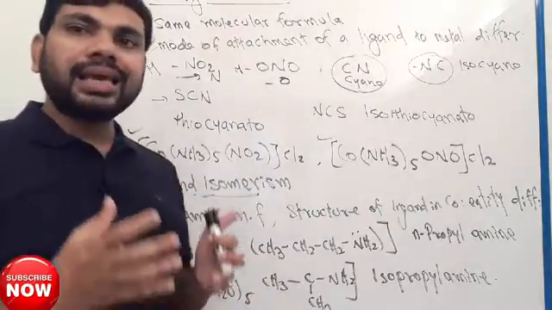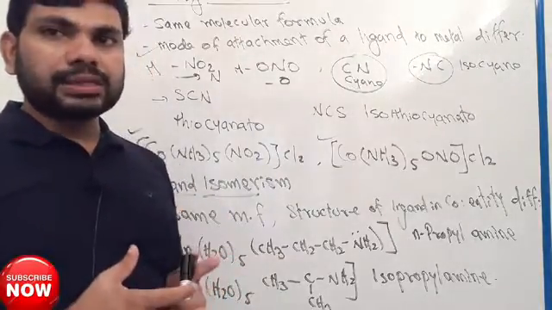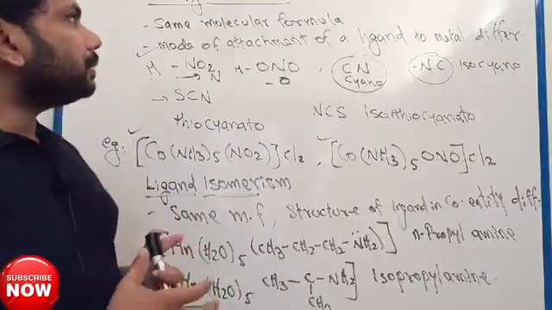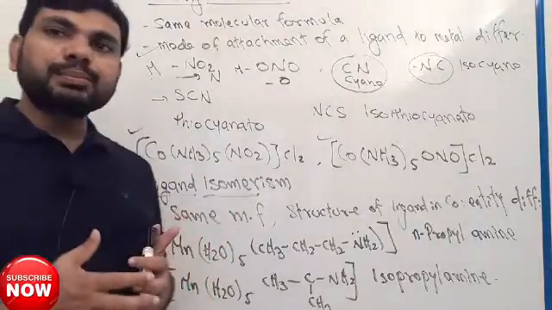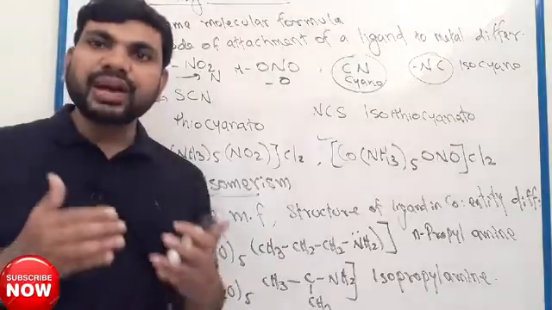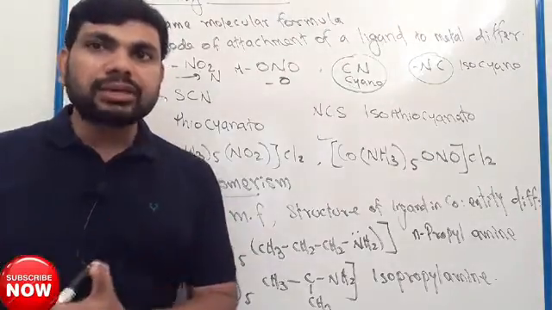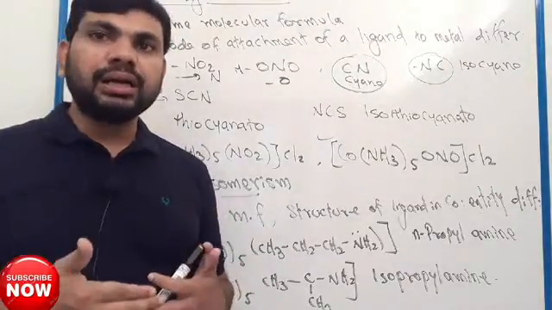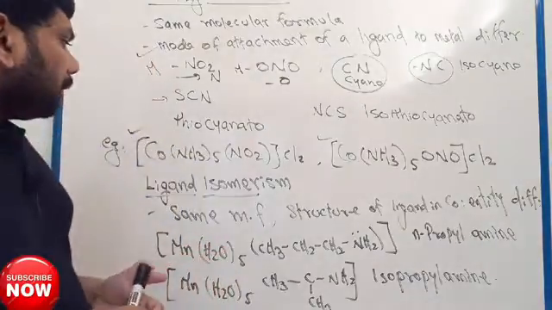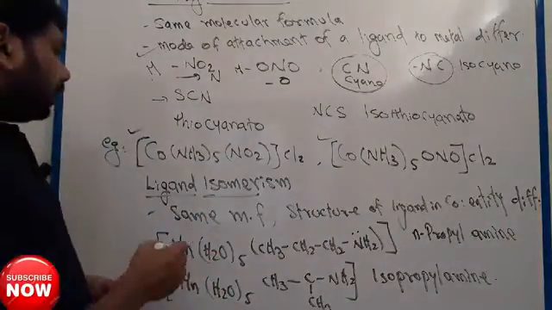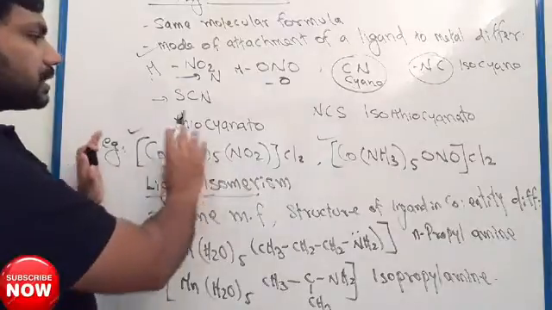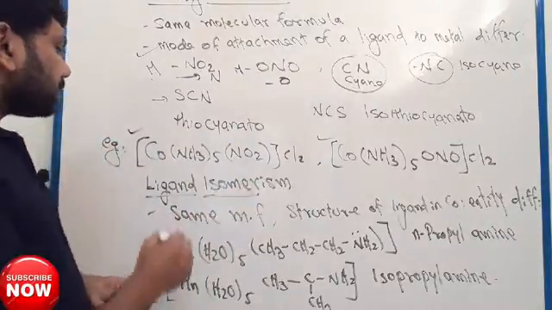Ambidentate ligands involve linkage isomerism. Linkage isomerism means the mode of attachment of the ligand to the central metal atom is different. Clear? Here is an example for linkage isomerism.